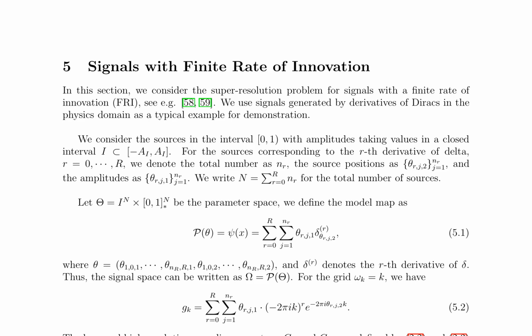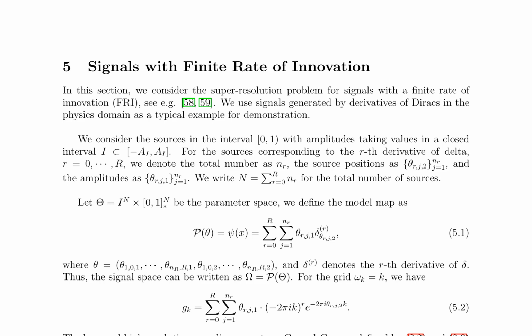For the grid ω_k = k, we have g_k = Σ_{r=0}^{R} Σ_{j=1}^{n_r} θ_{r,j,1} (−2πik)^r e^{−2πiθ_{r,j,2}k}.